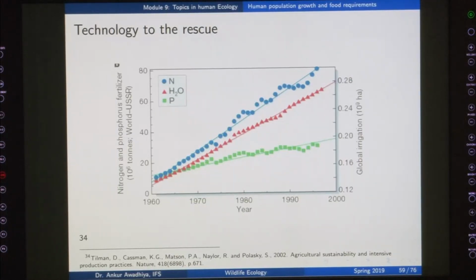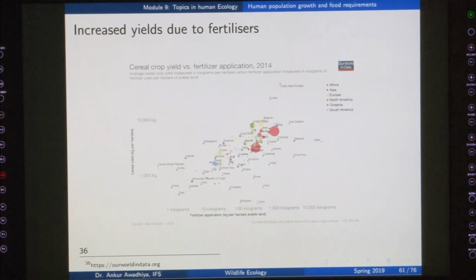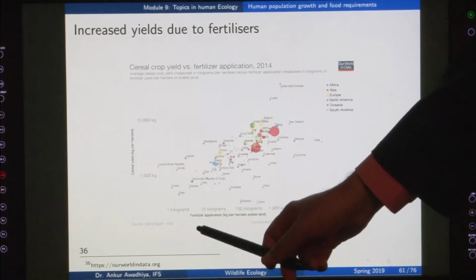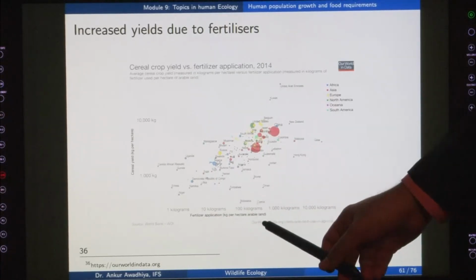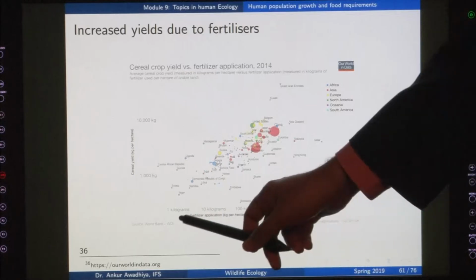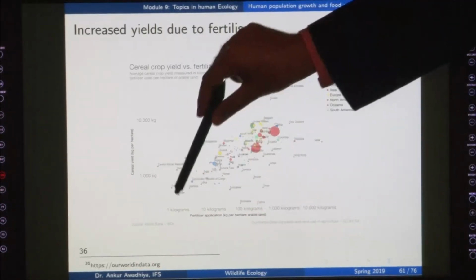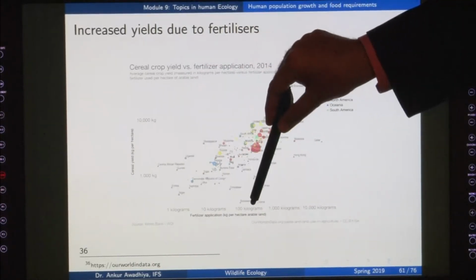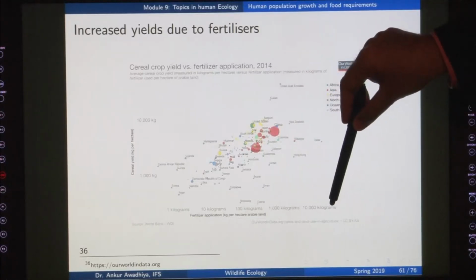So, in essence, we are developing newer and newer technologies, and we are deploying those technologies into the fields. If you look at this curve, on the x axis we have the fertilizer application, that is kg per hectare of available land, and this is a logarithmic curve. So, it moves from 1 kg to 10 kg to 100 to 1000 to 10,000.